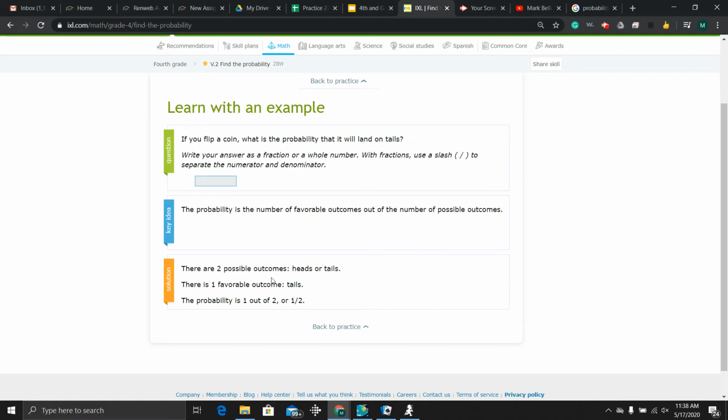There are two possible outcomes, either heads or tails, and there's one favorable outcome, tails. So in this case, the probability is 1 out of 2, and we would express it as 1 over 2 in a fraction.